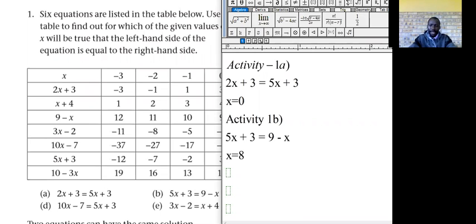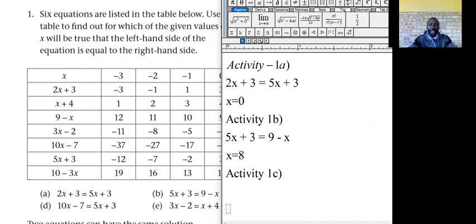The method is, it's a method of what? Inspection. So the next is activity, activity what? The next is activity 1 part C.